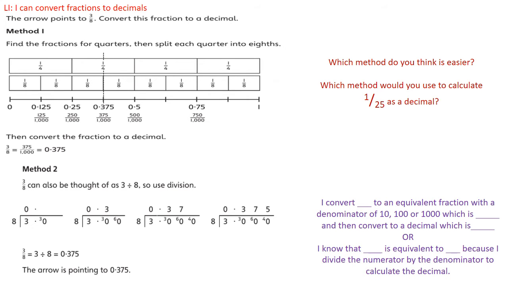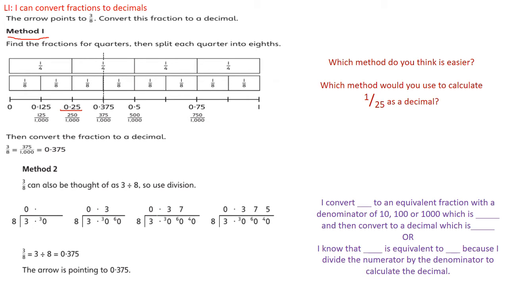Let's have a look at this first method. So in method 1, it's asking us to think about fractions for quarters. Well, we know that 1/4 is the same as 0.25. We were doing that yesterday.